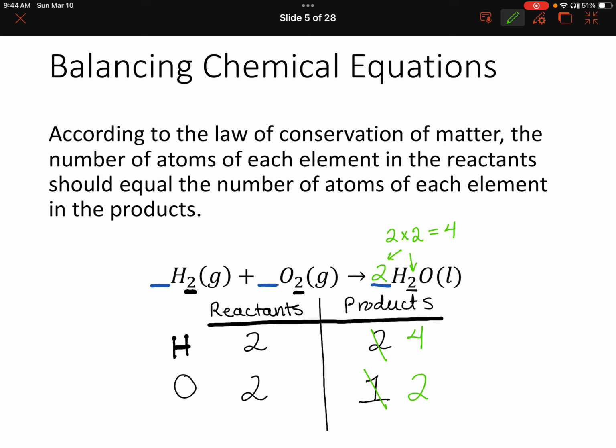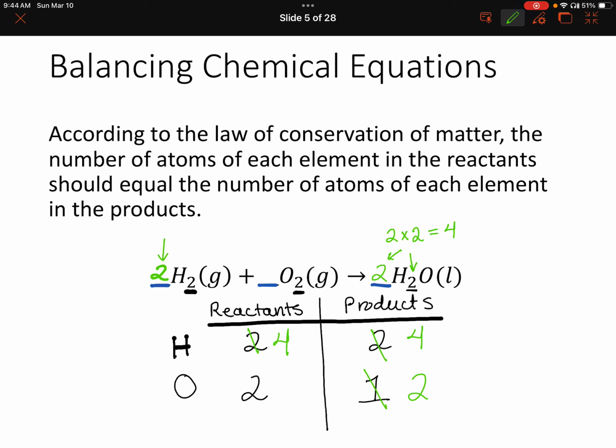We have 2 oxygens on each side, but hydrogen is no longer balanced. We have 2 on the left and 4 on the right. So what could we put in front of H2 on the left in order to balance that? A 2. We'll just multiply it by 2. So that will give us 4 hydrogens on the left and on the right. Now that means that we did not have to touch O2.